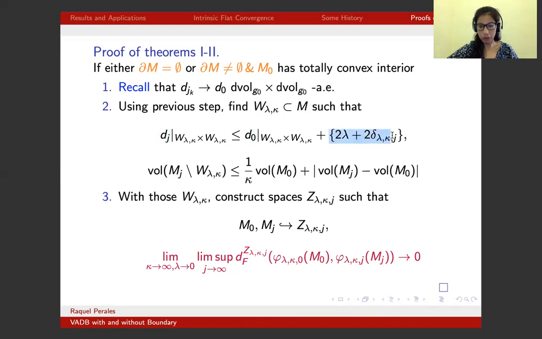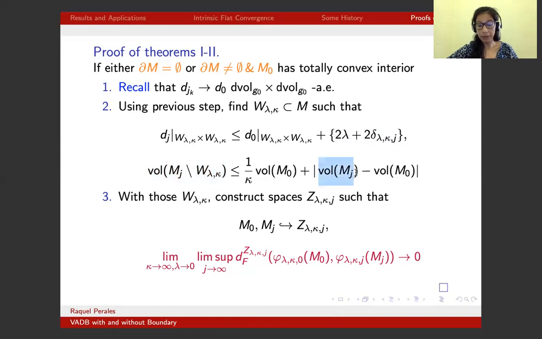And this not too much is reflected by this 2 lambda plus 2 delta lambda kappa j. And also we would like this set W lambda kappa to have big volume. So that means that the complement has very small volume, and this is written in this way.